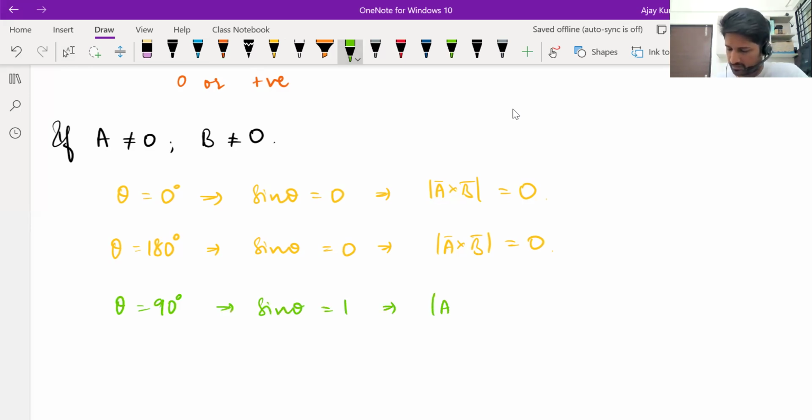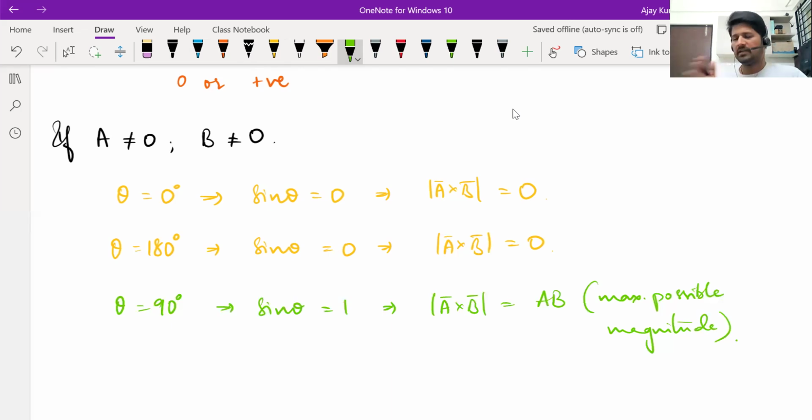Then the magnitude of A cross B will be AB. This is the maximum possible magnitude of a cross product if A and B are fixed. So when two vectors are perpendicular, their cross product will be maximum, provided their magnitudes are constant. Okay.